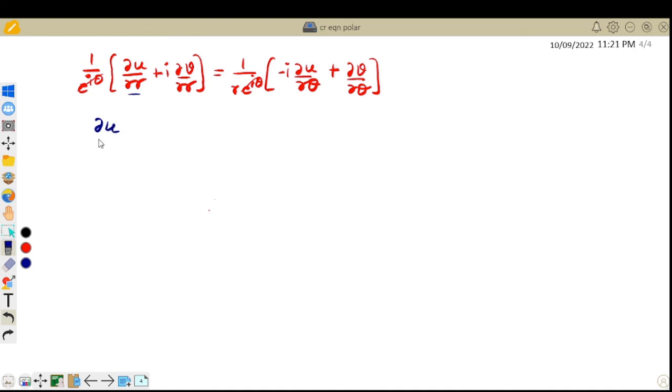So equating real and imaginary parts, dou u by dou r is equal to 1 by r into dou v by dou theta, and the imaginary part, dou v by dou r is equal to minus 1 by r into dou u by dou theta. These are the Cauchy-Riemann equations in the polar form.